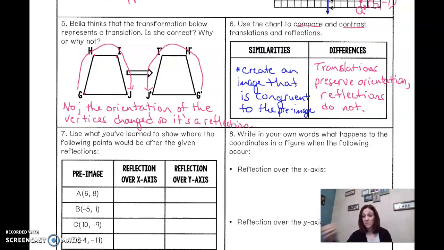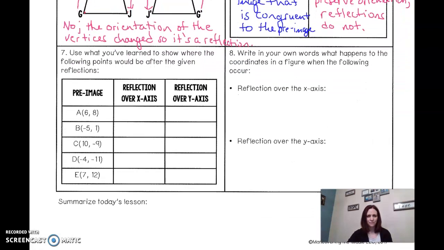So, how they're similar? Well, both of them preserve distance and angle measure because the new shape is congruent. But the difference is that translations keep the orientation the same. Clockwise or counterclockwise, the vertices are in the same order. Reflections do not.